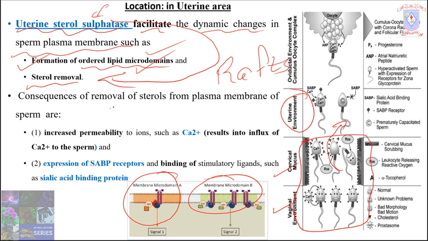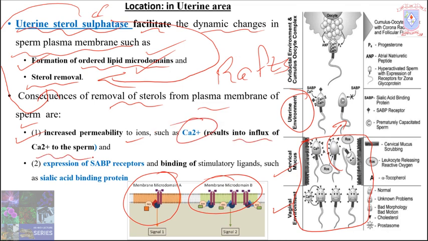So what will be the consequence of removal of sterols by the action of uterine sterol sulfatase from the plasma membrane of sperm? It increases the permeability to ions such as calcium, resulting in the influx of calcium into the sperm. The same action of the uterine sterol sulfatase on the plasma membrane facilitates the expression of SABP receptors, the binding of stimulatory ligands such as sialic acid binding protein.